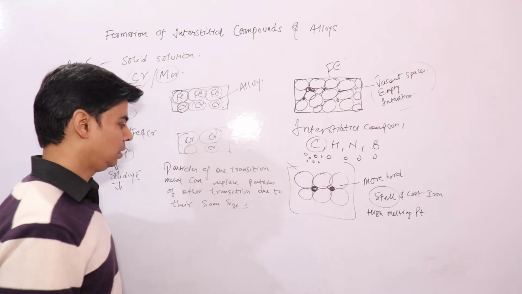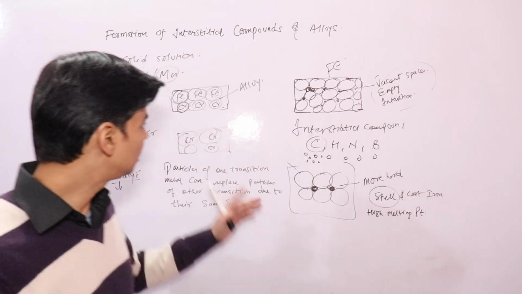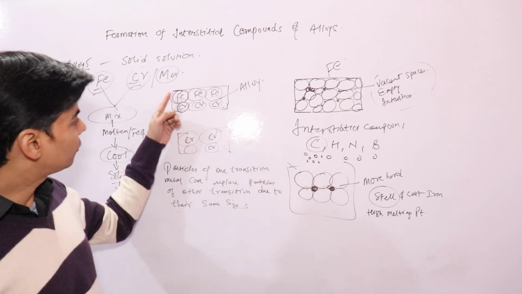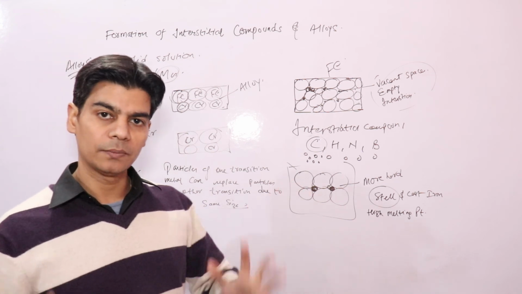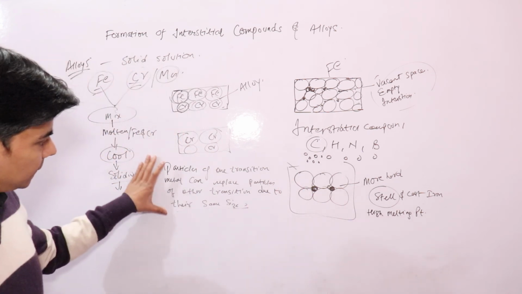This is the reason. Since they can replace one another's particles, they will form this kind of solution, a new solid that will have constituent particles of iron and chromium both, or whatever solid solution you are making from whichever metals. I hope this is clear.